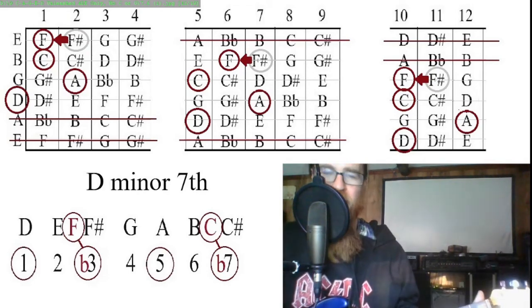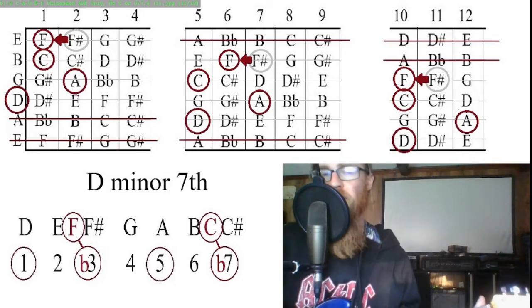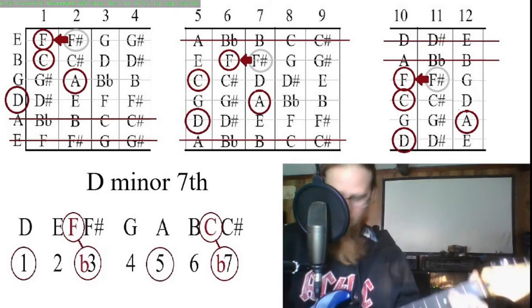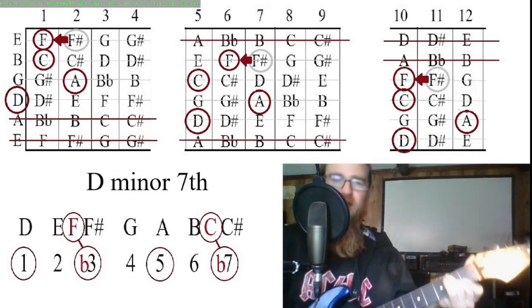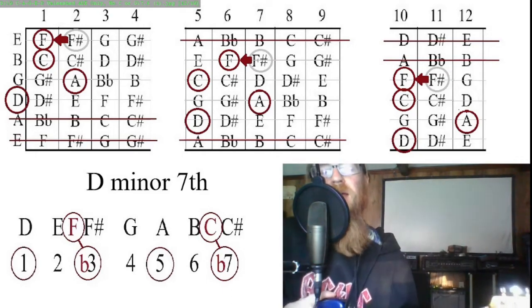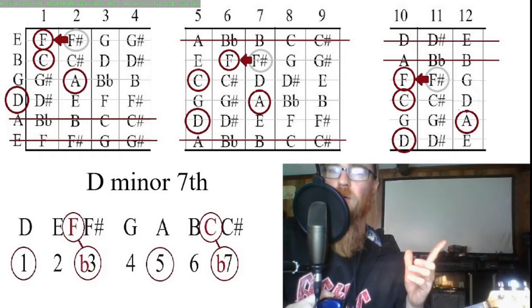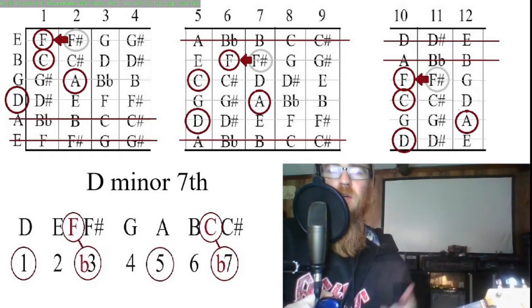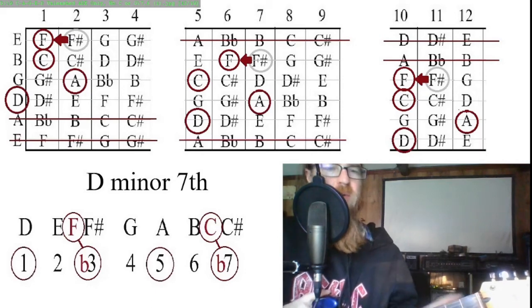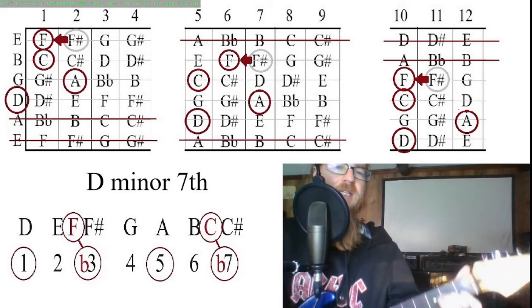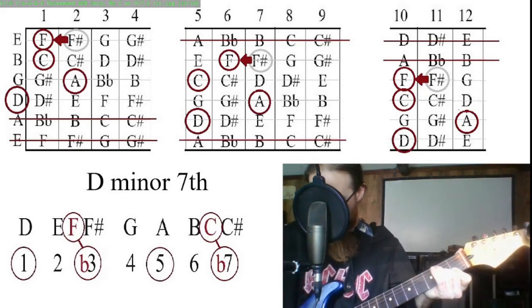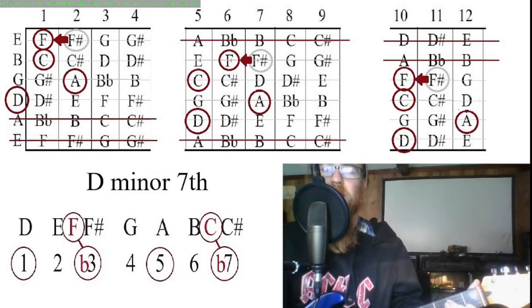Now, when you get to a minor 7th, you're playing a minor chord with a dominant 7th. If you were playing it with a major 7th, it'd be a minor major 7th. But I actually covered that in a video already, and I'm not going to go into it here. I will tell you that if you're playing D, A, C, and F, that is a D minor 7th chord.